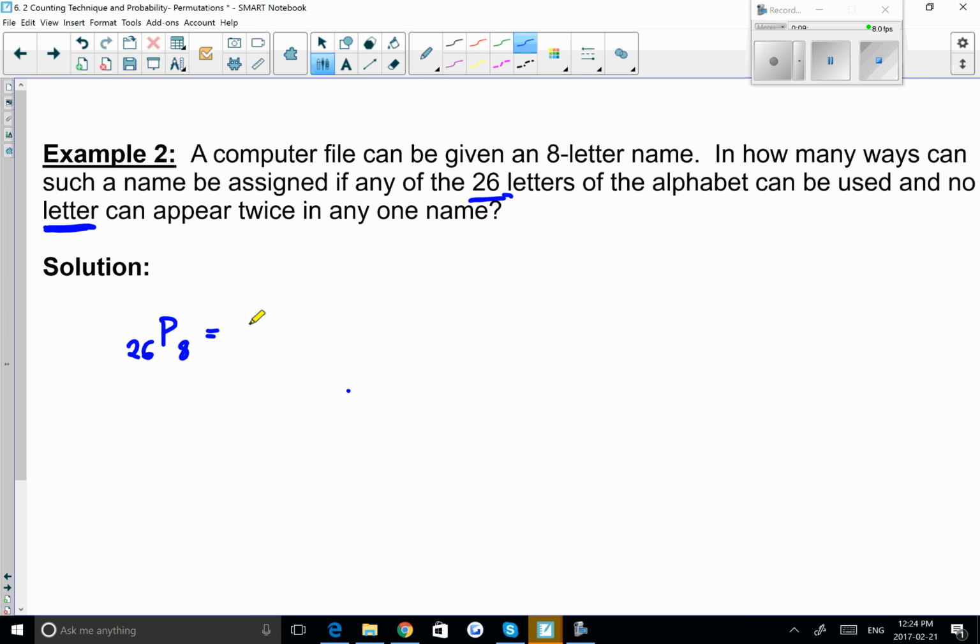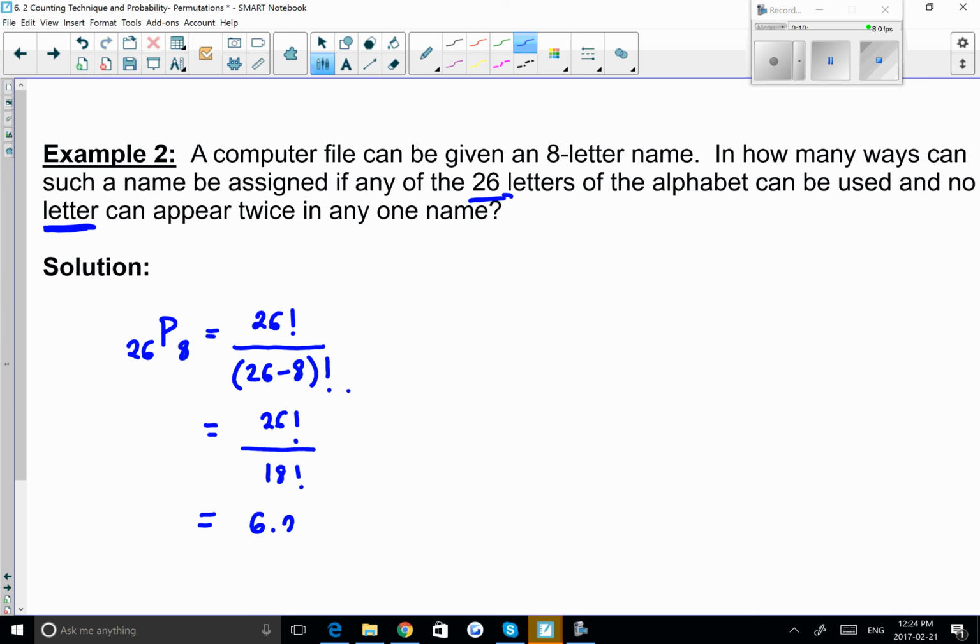So this is the same as 26 factorial over 26 minus 8 factorial. Again, this is in brackets because that would simplify to 26 factorial over 18 factorial. And if you were to calculate this, you can use your calculator and plug this in.